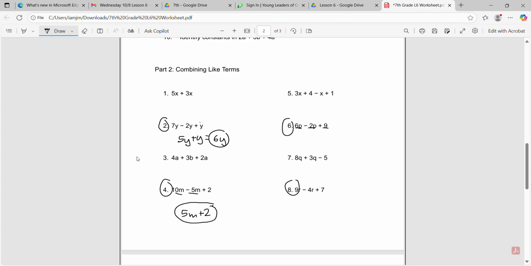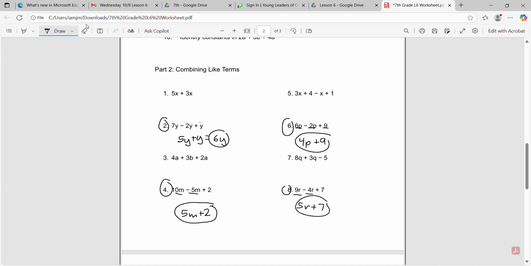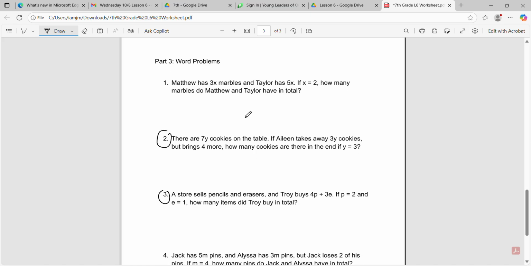Combining like terms, 6 minus 2 is 4p plus 9. Nice. Number 8, 9r minus 4r plus 7. 9 minus 4 is 5r plus 7. It's getting easier, right? Let's move on to our last part 3, word problems.